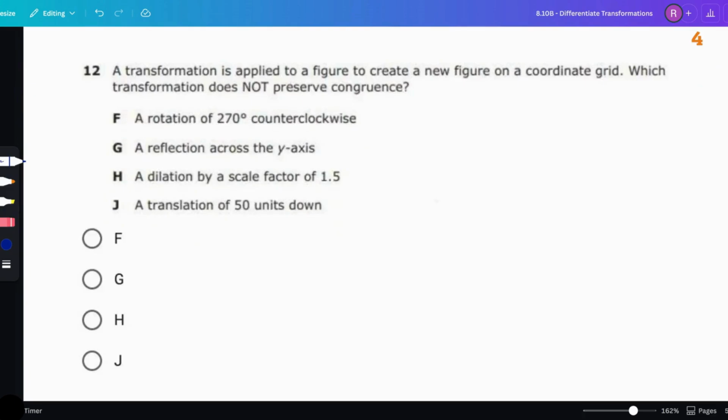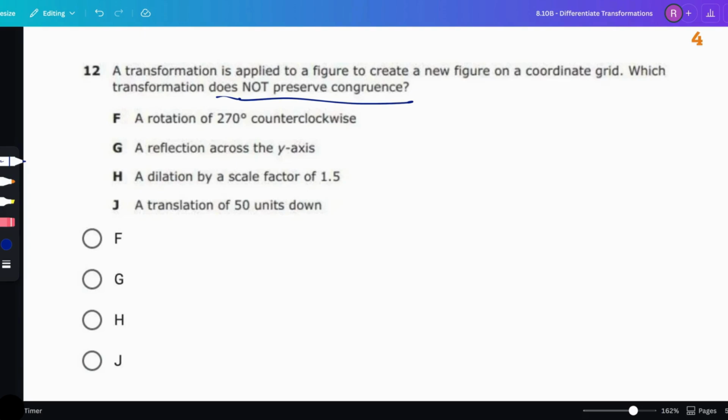Now, a transformation is applied to a figure. Which transformation does not preserve congruence, just like the last one I explained. I've mentioned it. Only one out of the three changes the size, and once the size changes, both shapes are no longer congruent.